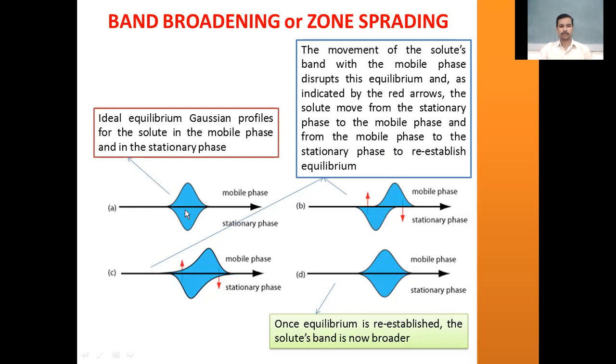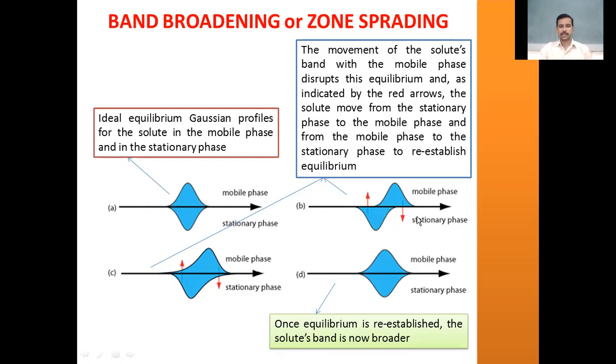This Gaussian profile is the ideal one that we expect due to the equilibrium distribution of the solute between the stationary and mobile phase. You can see that below the arrow mark there is the stationary phase, and above the arrow mark there is the mobile phase, and the solute is distributed uniformly between them. Therefore, this is an ideal profile, in Gaussian shape.